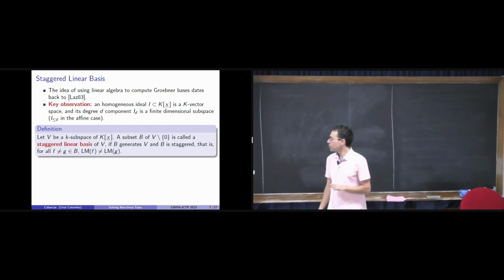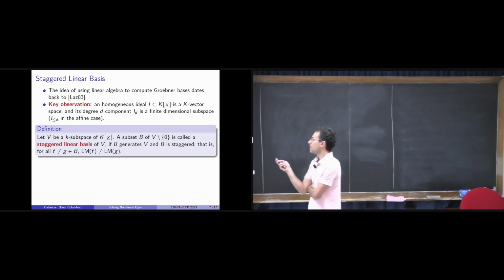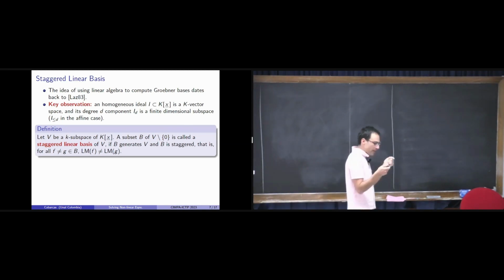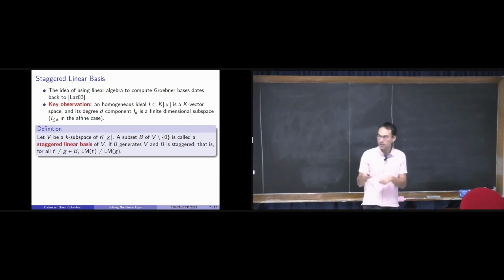Here is a definition. Let V be a K subspace of the polynomial ring. So I'm saying let's suppose V is any subspace of the polynomial ring, and I'm talking about the subspace as a vector space over the field.